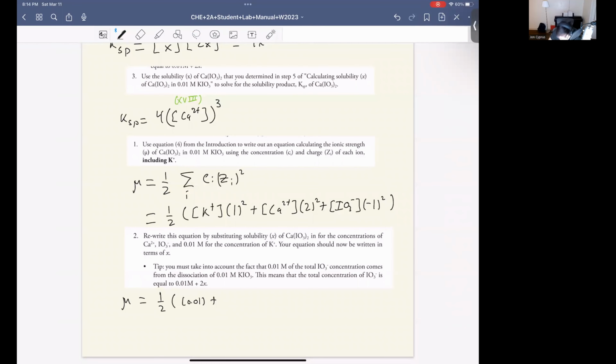The calcium ends up being 4X. And then the iodate, I'm just going to denote as the concentration of iodate.